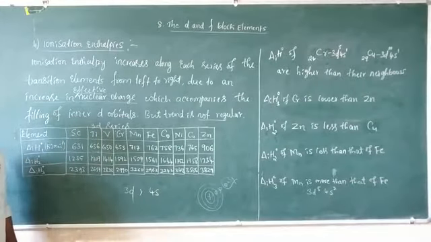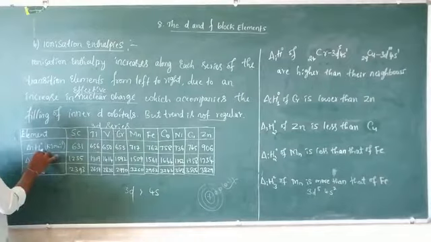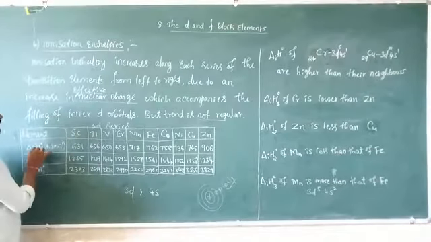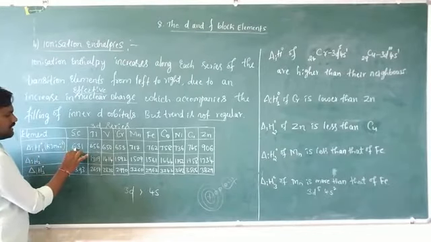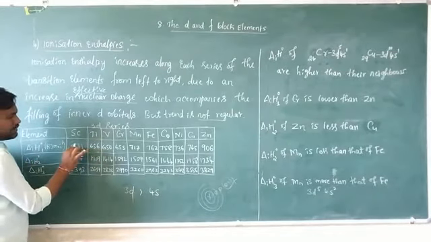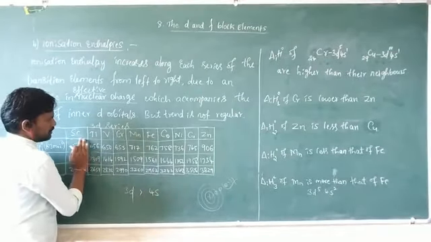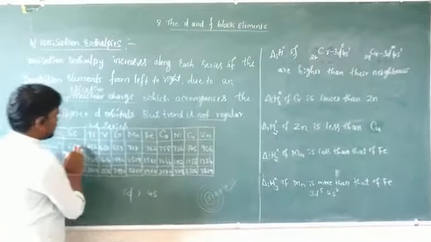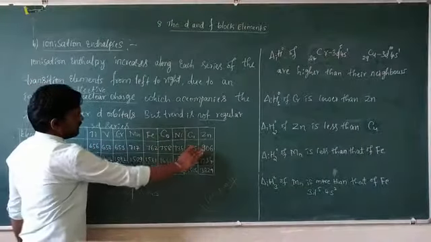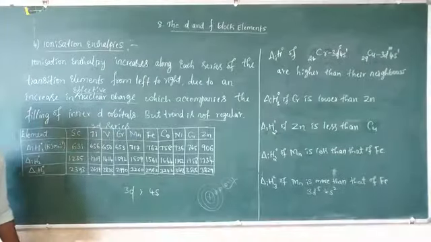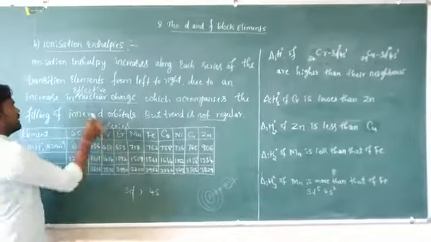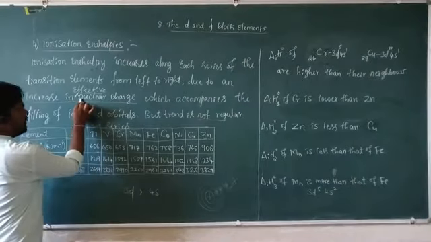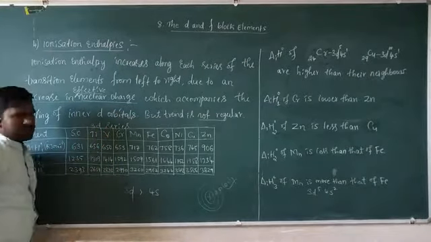The first ionization enthalpy of scandium is 631. Observe that from scandium to zinc it is increasing along the series because of the increase in effective nuclear charge.